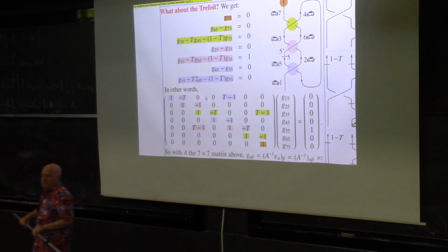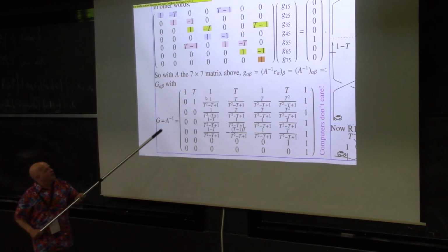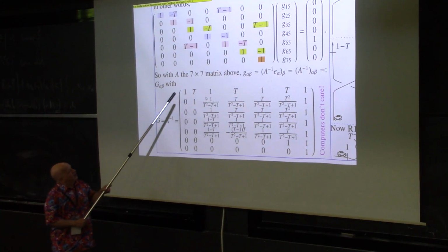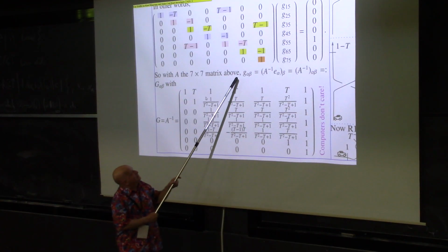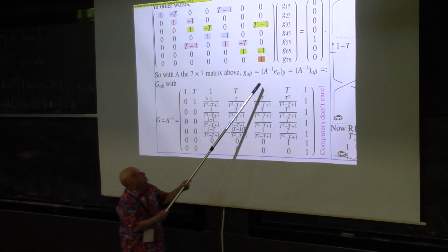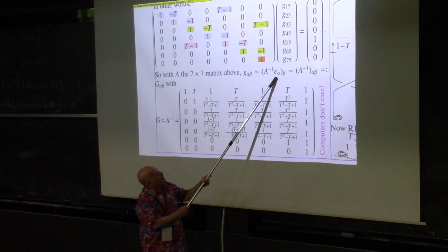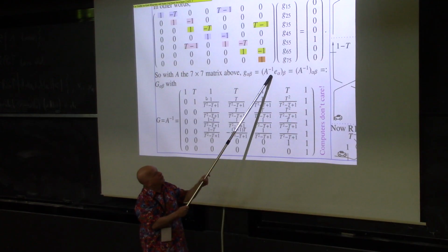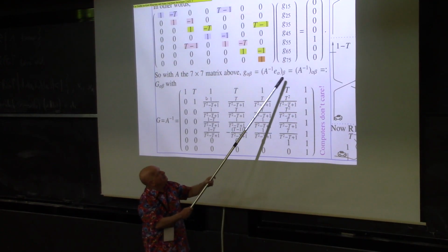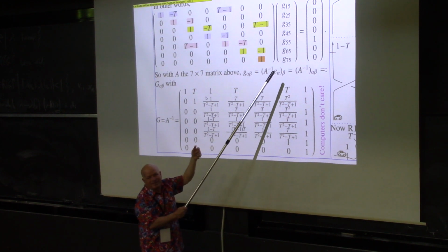Okay? So how do you solve that? Well, the solution is that G alpha beta, in general, is A inverse applied to standard basis vector E alpha, and you measure entry number beta of the answer. Okay?